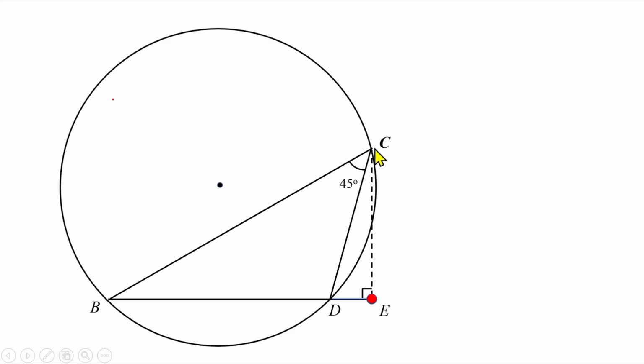Look, the height intersect the circle in 2 points, in point C and in point C1 here.